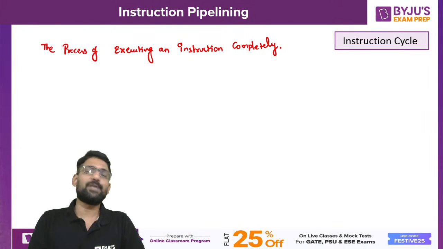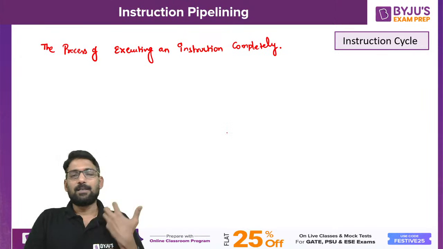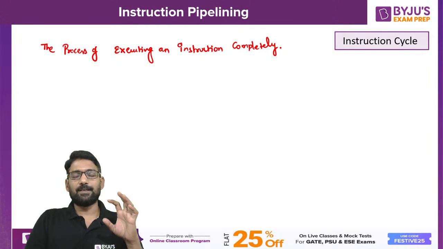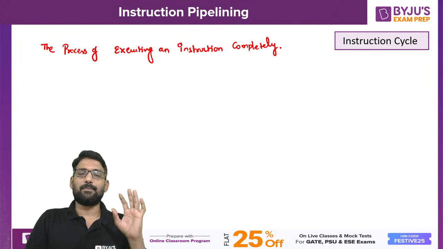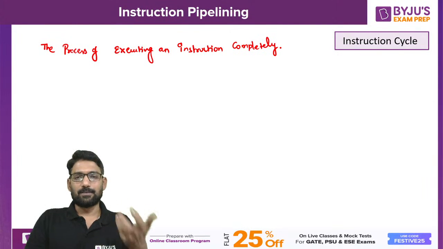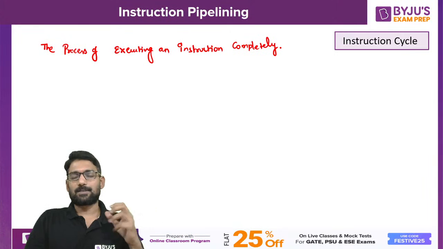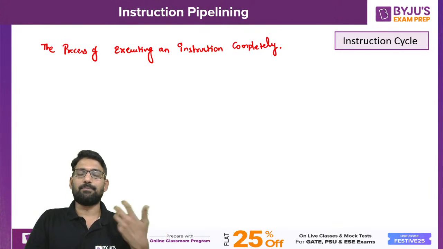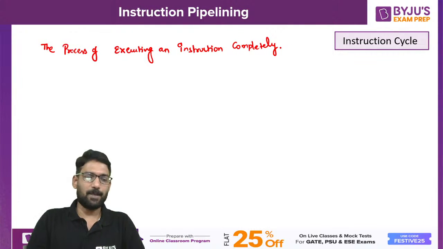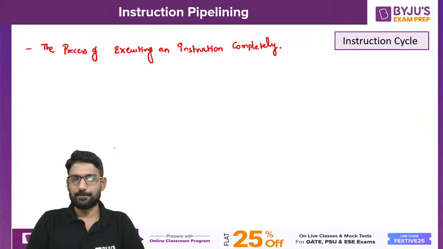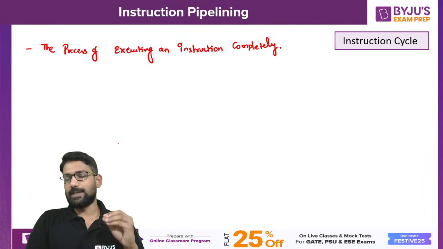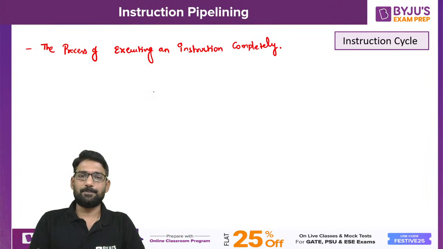To execute any instruction, what are the phases required? Guys, keep interacting, make the session interactive so that I can solve any doubts that you have. Feel free to raise any doubt if you have. So to execute any instruction, what are the phases?